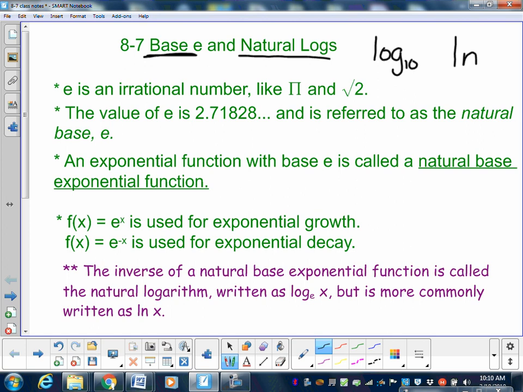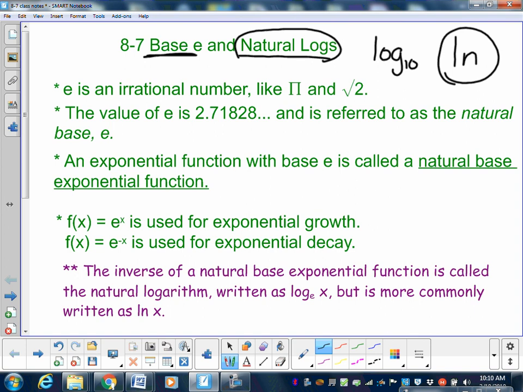LN stands for the log of the natural, but we call it the natural log. The rest of the world calls it the log of the natural, and that's why it's called LN on your calculator, but it's really called the natural log, and we're going to study what a natural log is.